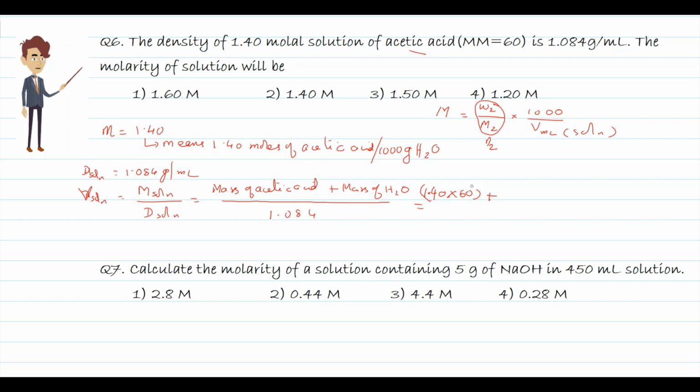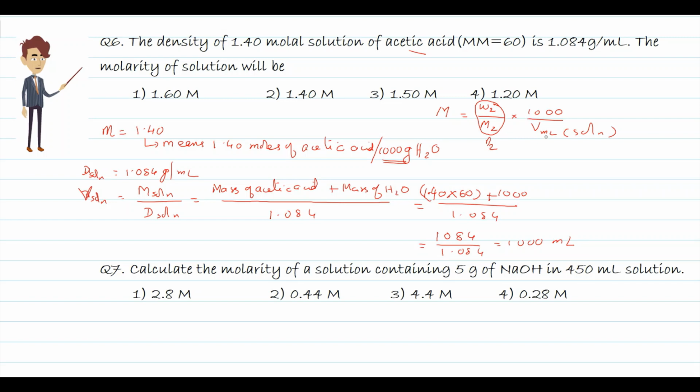Plus the mass of water, you can see 1000 gram of water, divided by 1.084. When you work out the numerator side, it comes out to be 1084 divided by 1.084. Result is 1000 ml. So the volume of solution is 1000 ml.